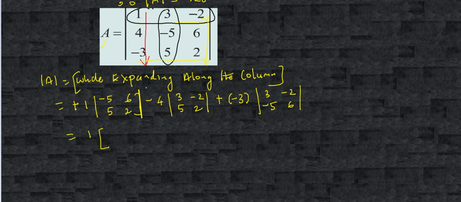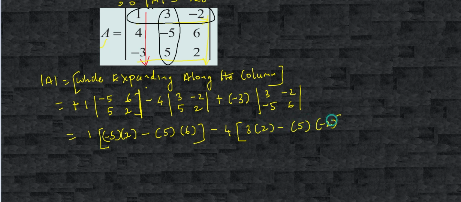So now expanding, we get negative 5 times 2, negative of 5 multiplied with 6, following it up with 4, open the parenthesis, 3 multiplied with 2 with a negative sign, following it up with 5 multiplied with negative 2. Positive times negative would give negative, so it's going to be 3 times 6 with a negative sign, following it up with negative 5 and negative 2.